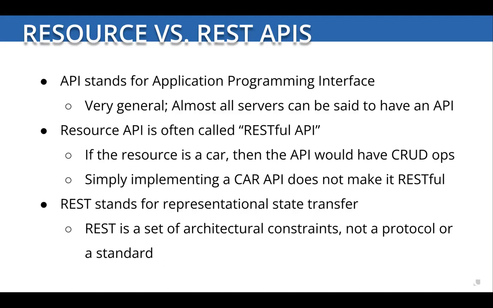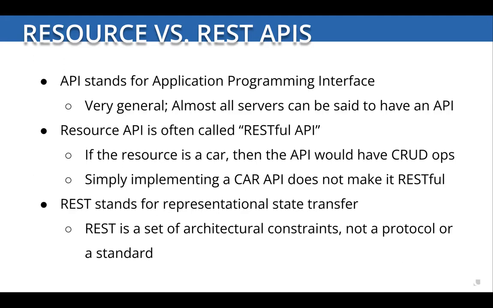There's resource APIs, and that's where you start thinking about things like, I want to do a shopping cart. So I'm going to have the cart itself, and items inside the cart. So the resource is going to be the shopping cart and the items that you're going to purchase.